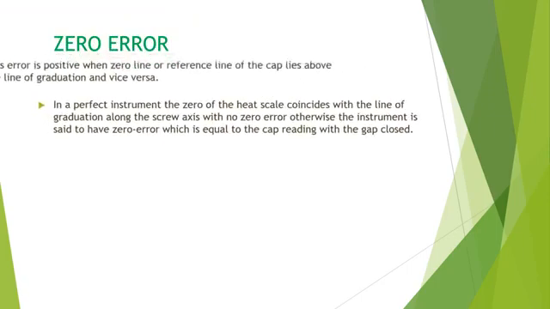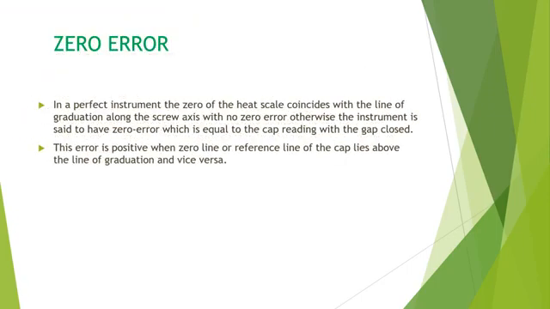Now, let's study the concept of zero error in a screw gauge. In a perfect instrument, the zero of the head scale coincides with the line of graduation along the screw axis, with no zero error.